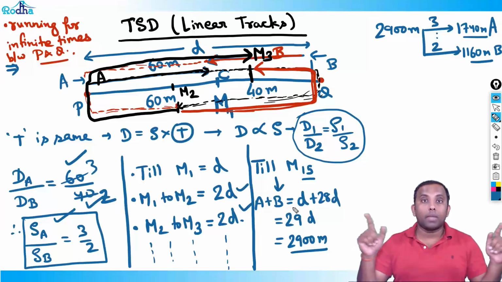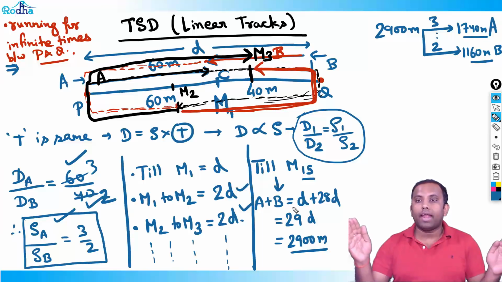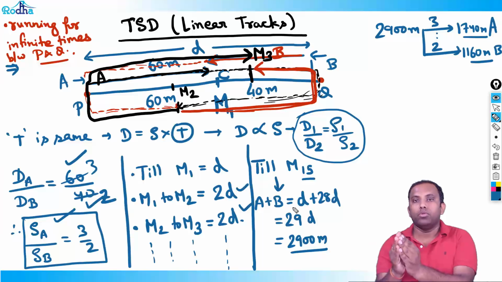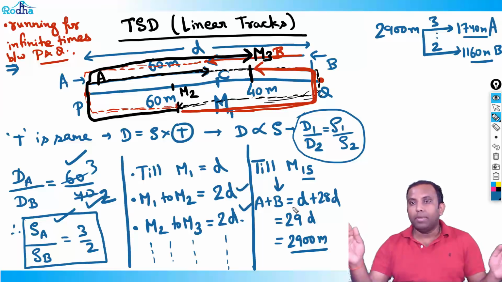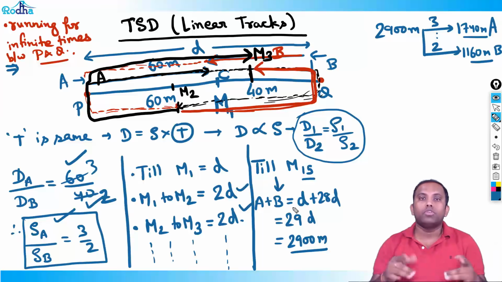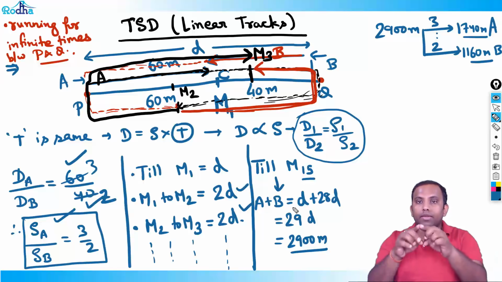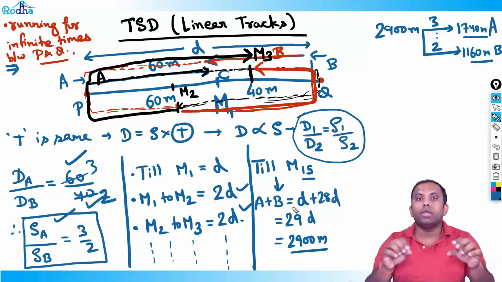They started simultaneously, that means together, and they met at 40 meter from Q. That means B has traveled 40 meter, in the same time A has traveled 60 meter. The ratio of distance is 3:2, and since time is constant, the ratio of speed is also 3:2.